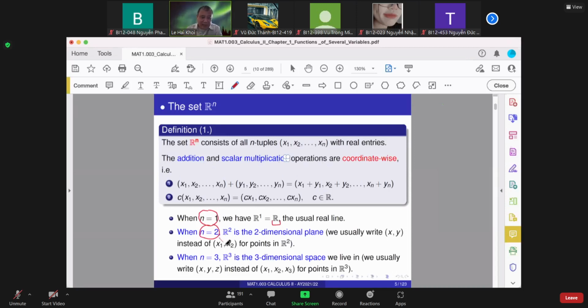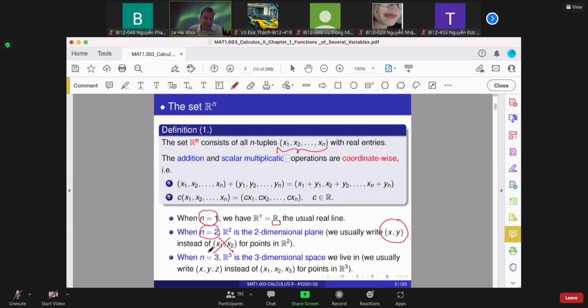And instead of x1 and x2, because we use x1, x2, and xn, right? Instead of x1 and x2 for a point in R2, in this case, we use x and y, which means we have x-axis and y-axis, and the two vectors of the standard basis for R2 are on the x-axis and y-axis.